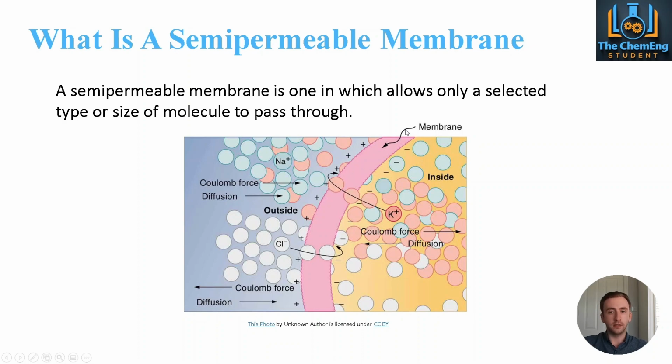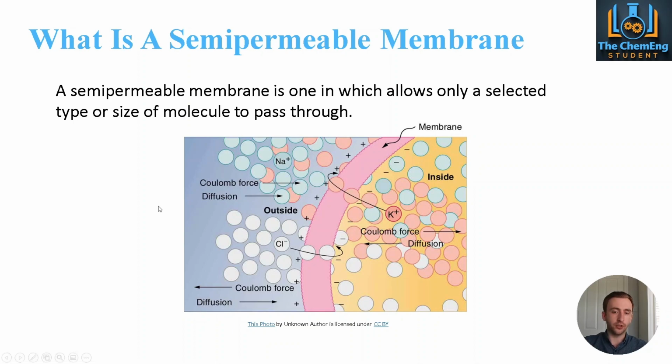So what the membrane does in this case, and again there's a lot of different mechanisms and biosynthetic pathways for how these actually work, but in its raw form, if you can imagine that we have potassium ions, sodium ions, and chlorine ions. Now, these all have different sizes.